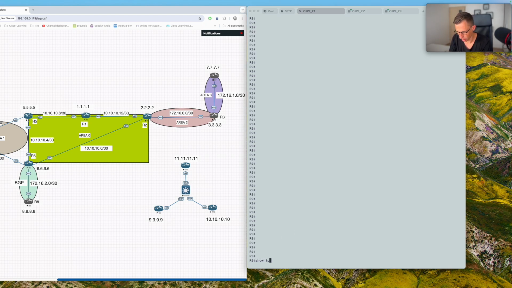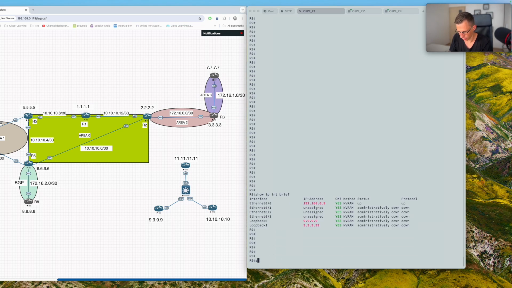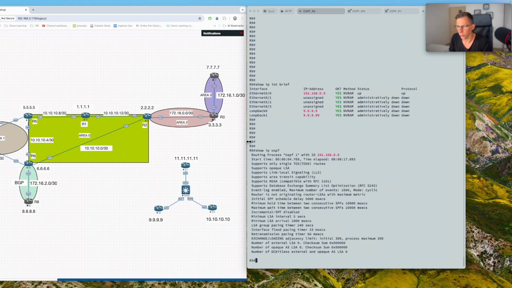If I do show ip interface brief, we can see the only interface which is up is the data interface Ethernet 0/0. And if I do show ip ospf to see the OSPF summary, I can see the router ID is 192.168.0.9.